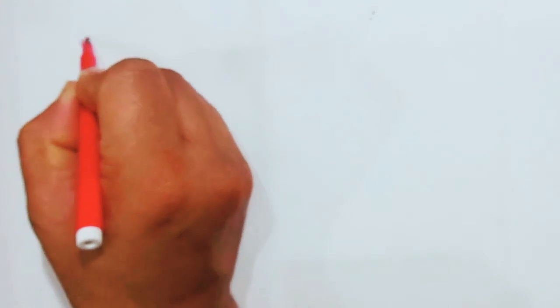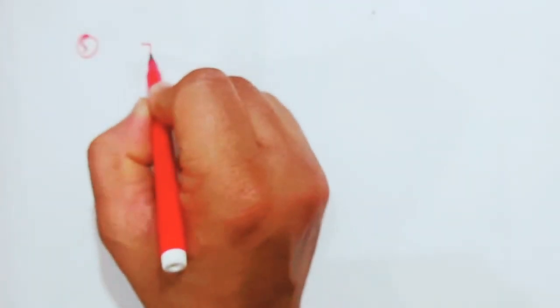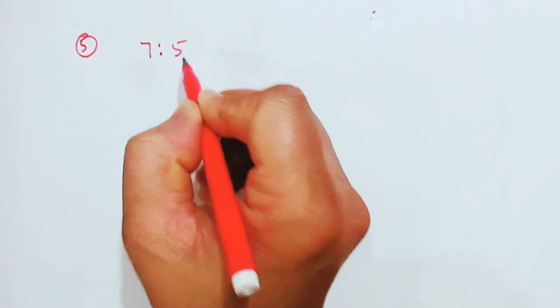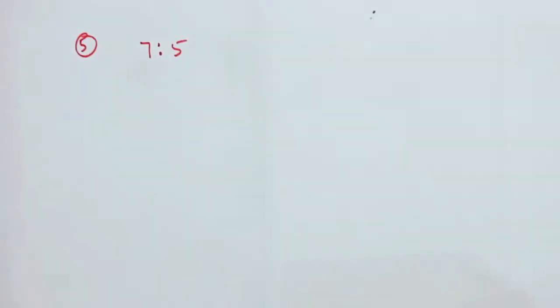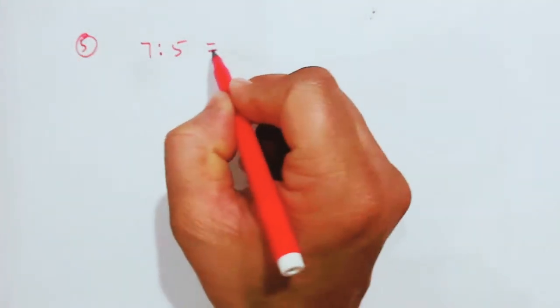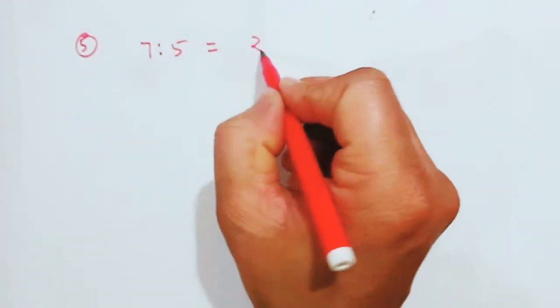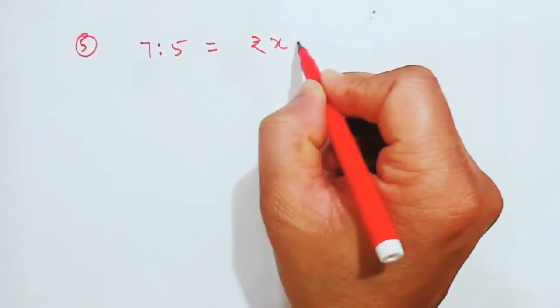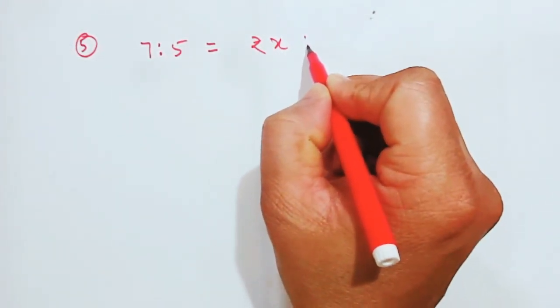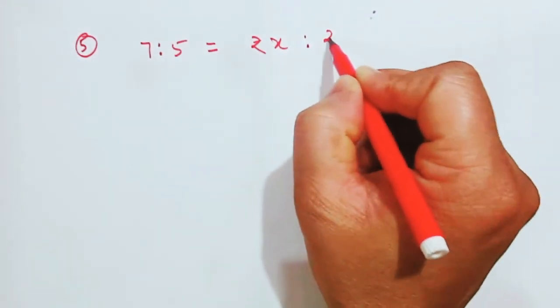Moving on to number 5. What do we have? The ratio between 7 and 5 is the same as the ratio between rupees x and 20.50 rupees.